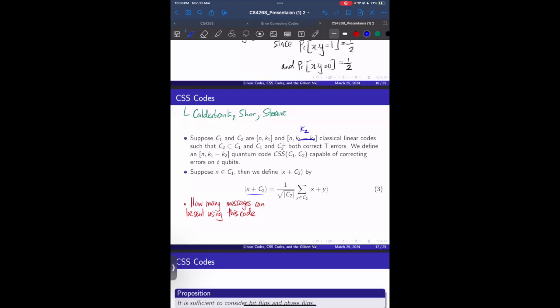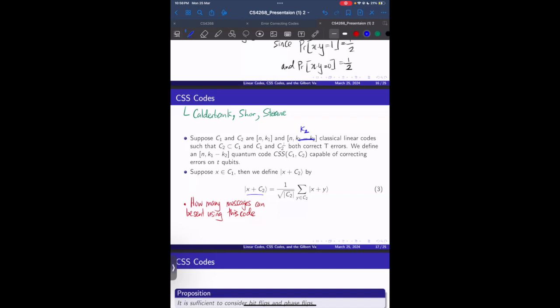Okay, so now we are ready to understand CSS codes. We take two linear codes with the following properties. They are [n, k1] and [n, k2] codes respectively, such that these hold. Then we define this coset as the following superposition. It becomes an equivalence relation, where the two codewords are equal if their original codewords are in the same coset.